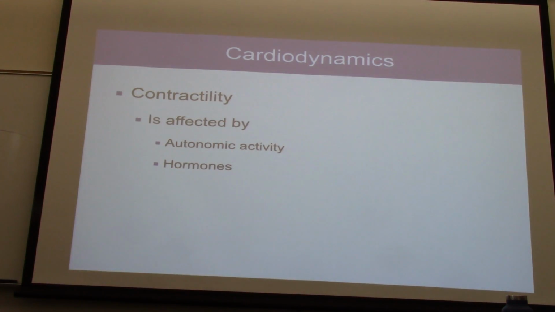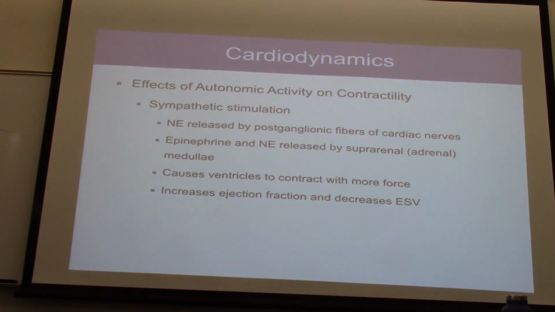It's kind of cool, isn't it? Yeah. What are the effects of autonomic activity on contractility? In other words, the squeeze of the heart. Well, sympathetic stimulation is going to cause norepinephrine to be released, and it's going to cause the epinephrine to be released by the adrenal gland, remember. That's going to cause the ventricles to contract with more force.